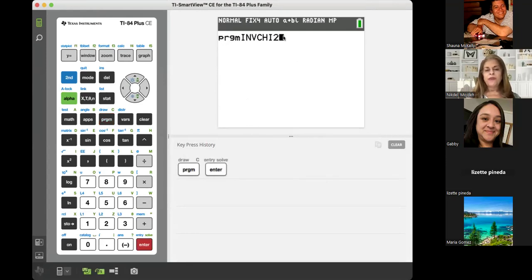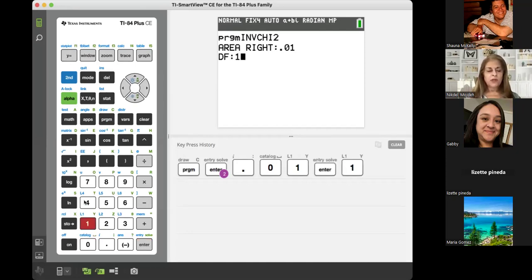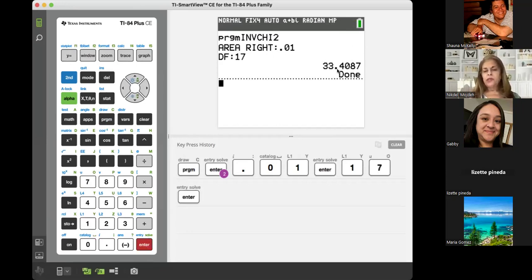Then it says program inverse chi-square, with the blinker asking whether this is the program I want. To get rid of the blinker, I press enter, saying yes. Then it asks what is the area right: 0.01, your alpha. Your degree of freedom is 17, n minus 1, 18 minus 1. Then you click, and here is your critical value, 33.4087. Any questions from anybody?